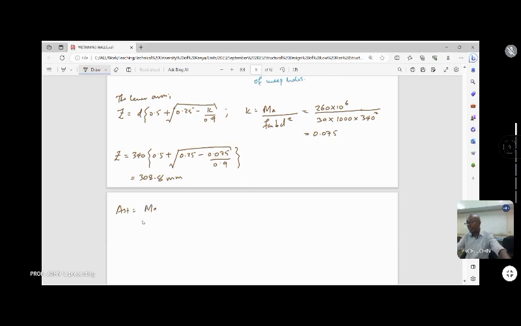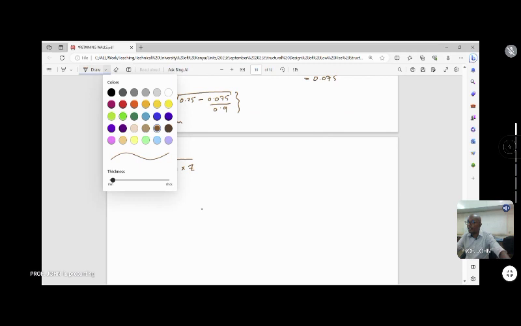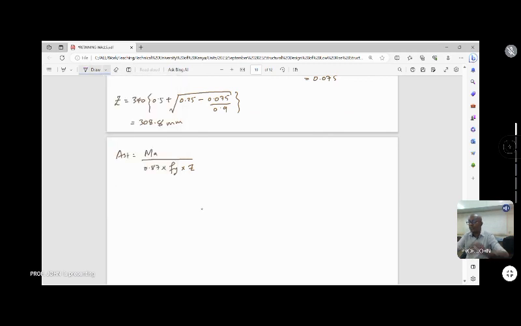Again, this will be M_A divided by 0.87 by 500. Let me write the equation first: 0.87 f_y by Z. I want to talk a bit about this number 0.87. Again, I'm just digressing a bit to give you some thoughts to think about.